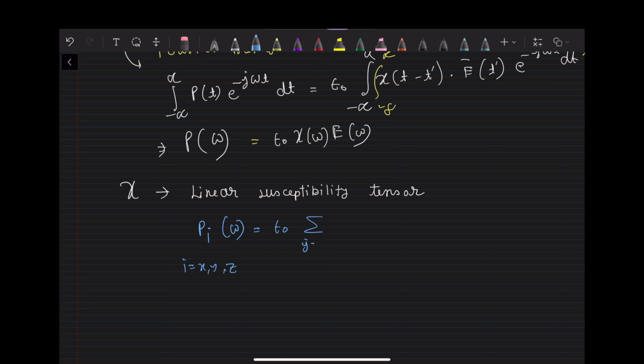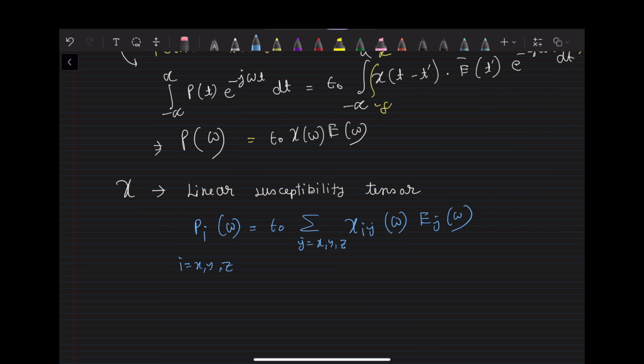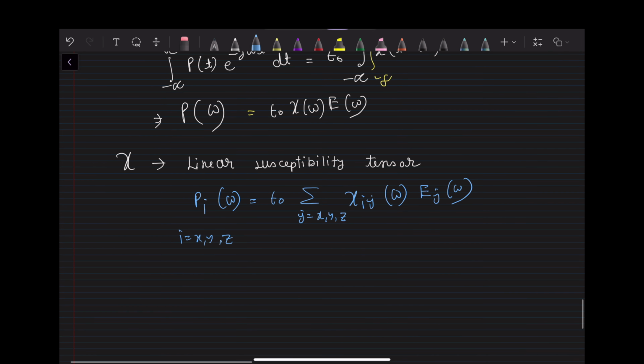We are left with summation of j, so this will incorporate everything. Polarization in x direction in terms of electric field in x, y and z, and that for all y and z. So polarization in y is also a function of epsilon naught chi yx, yy or yz. So we are left with 3 cross 3 matrix or linear susceptibility tensor.